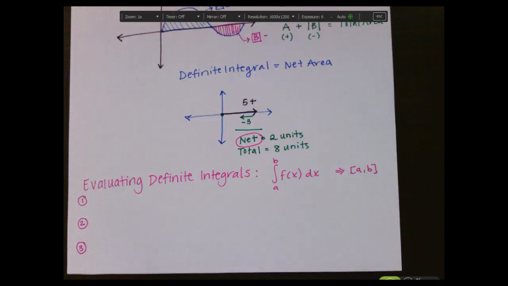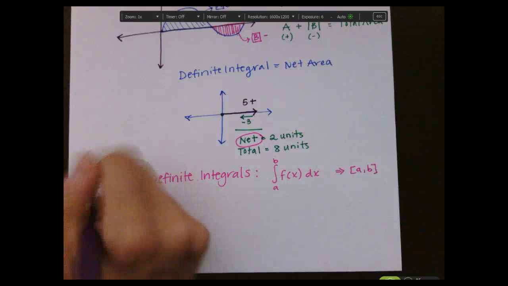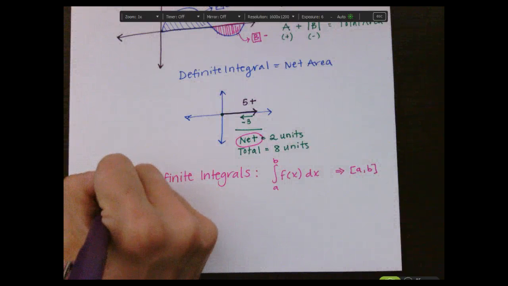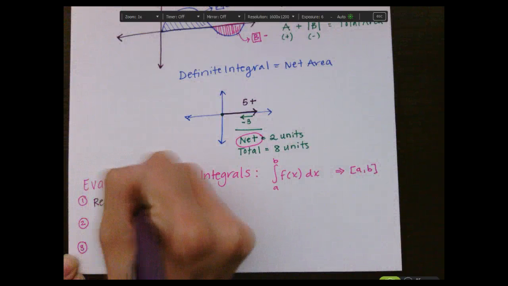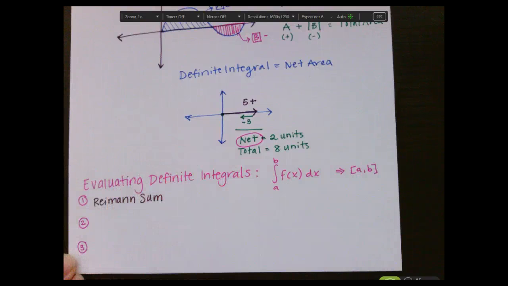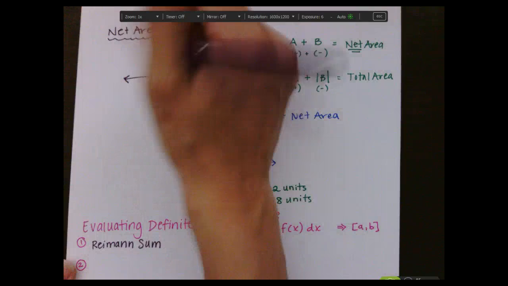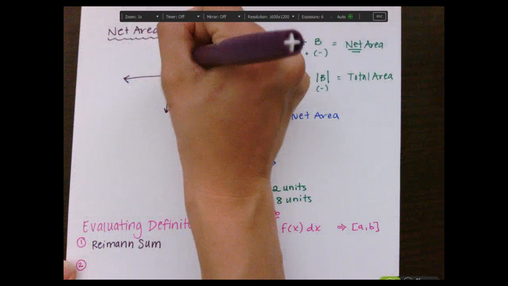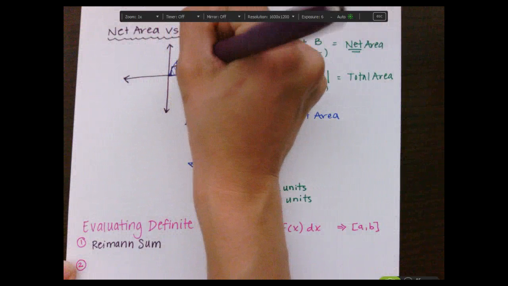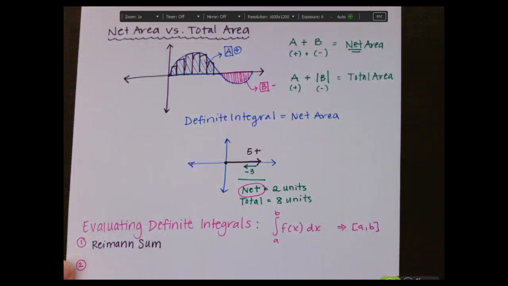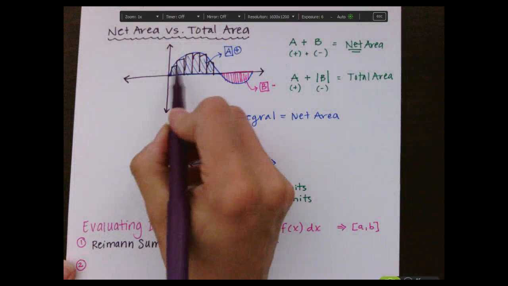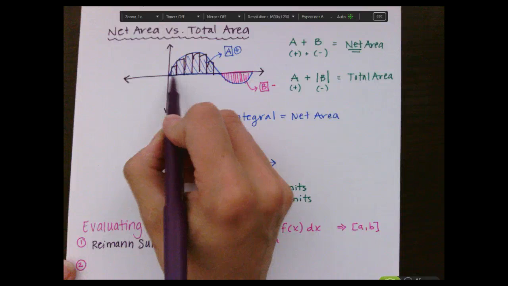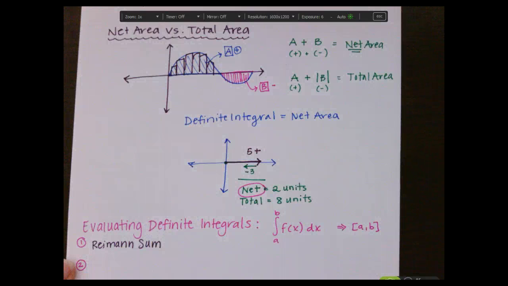One of those ways is to use a Riemann sum. The Riemann sum was addressed in section 5.1, where you take a curve and you partition it into various rectangles depending on how many intervals or subintervals you create, and you find the area of each rectangle by multiplying the base times the height and add them all up.